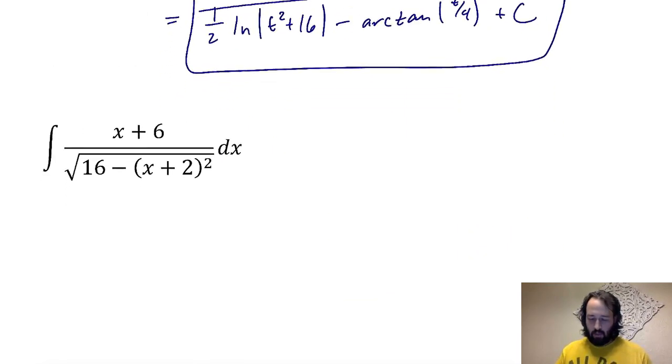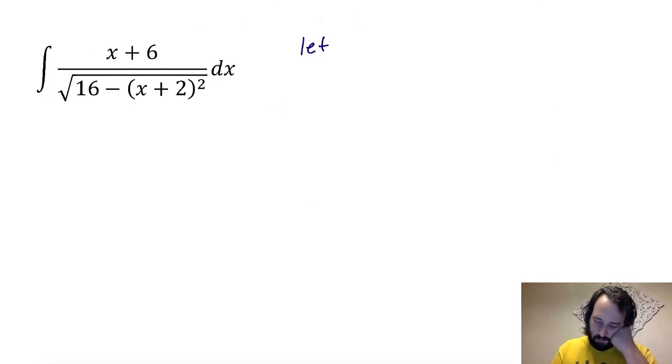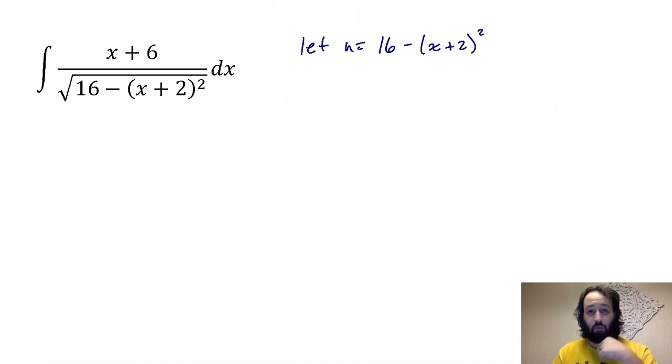Okay, this one's going to require a little bit more effort, because what I would really like to happen is I wish that I could let u equal the entire denominator on the inside of that square root. That would be wonderful if we could do that and have it work out. And it almost does, right? We have that x up here, but it doesn't quite work out.